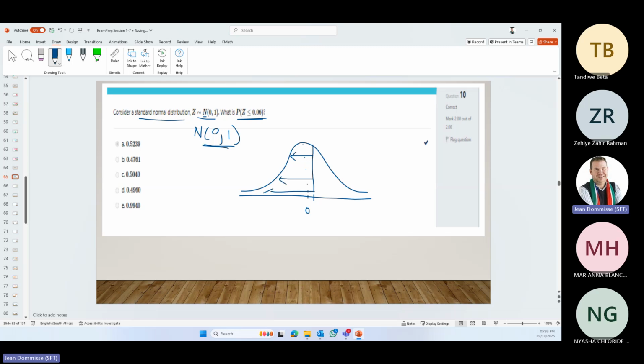Okay, so that already tells me at 0 we were working with 0.5. So this is just a bit bigger than 0.5. So let's just look at the options. 0.52, okay, it might be. 0.47, not. 0.50, might be 0.49, not. 0.99, definitely not, because then it is somewhere here and smaller than that.